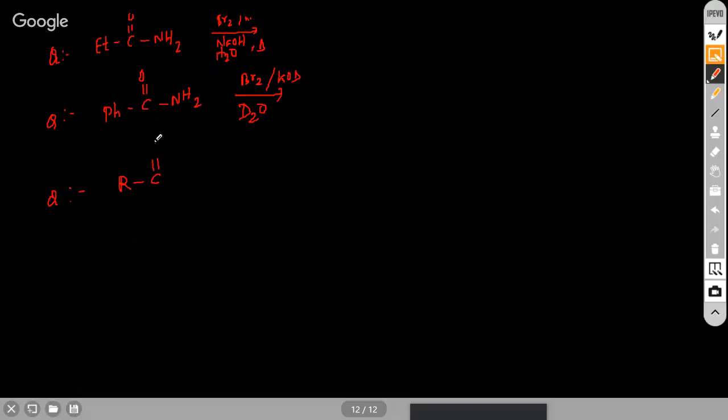R C double bond O NH2, NaOBr or KOBr. Tell me the product.